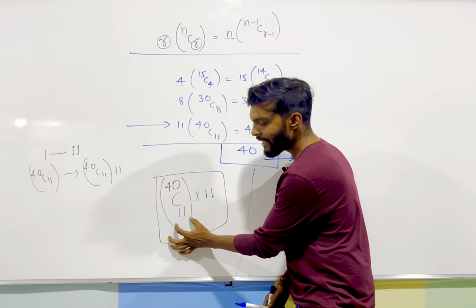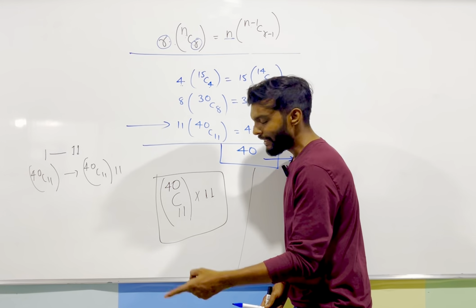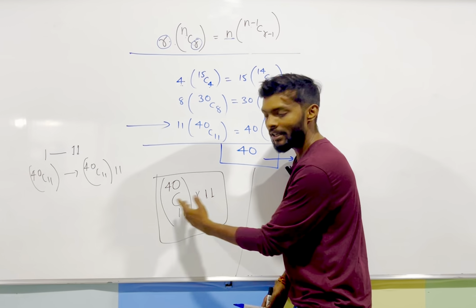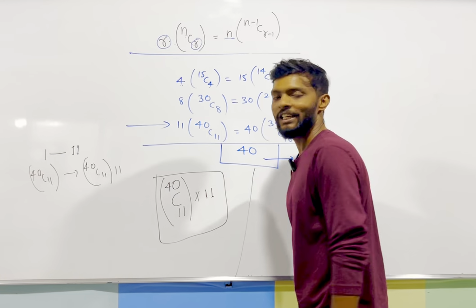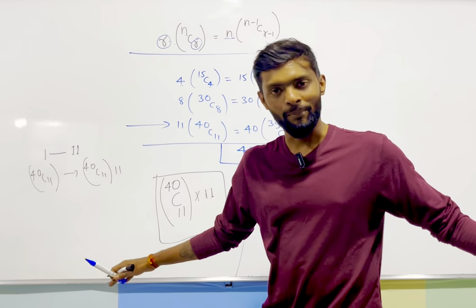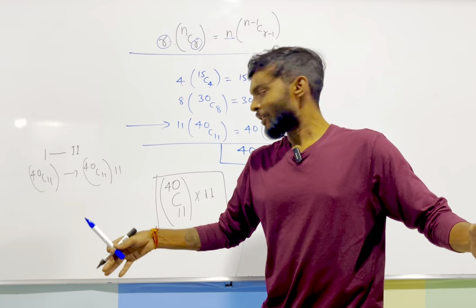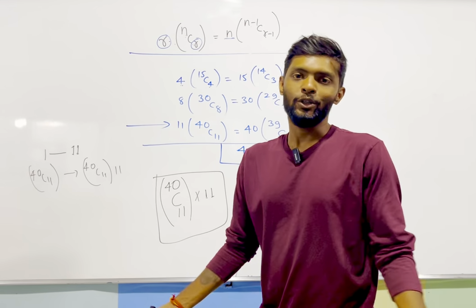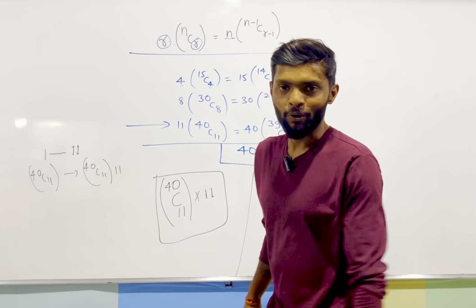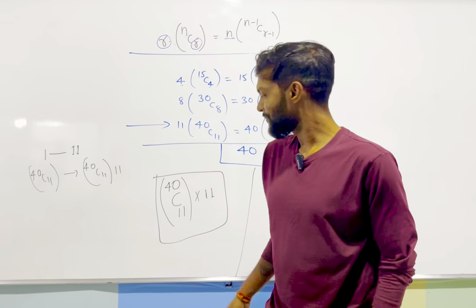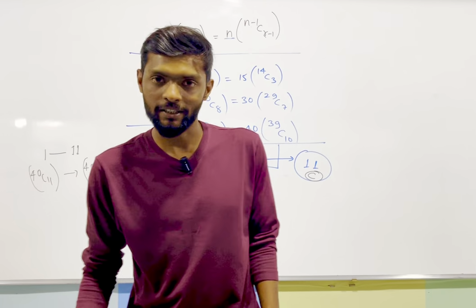So the total number of ways to complete your task is 40C11 into 11. You have completed making the combination of your team, and also counted in how many ways you can decide the captain. So you have completed your task.